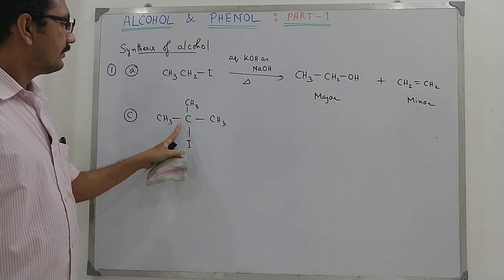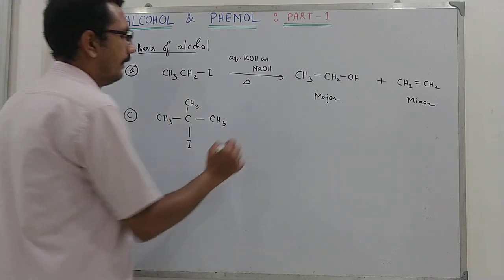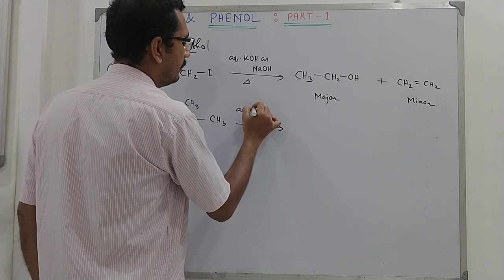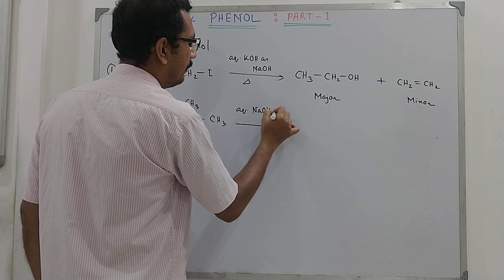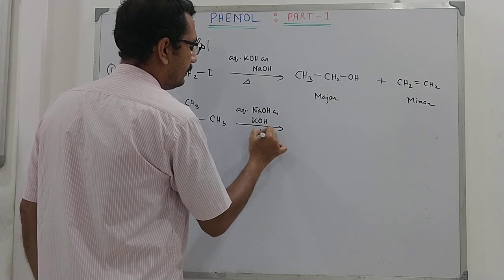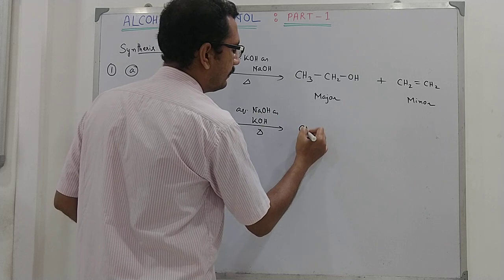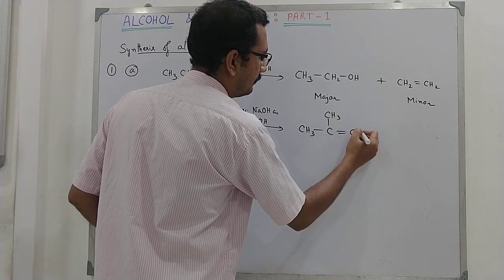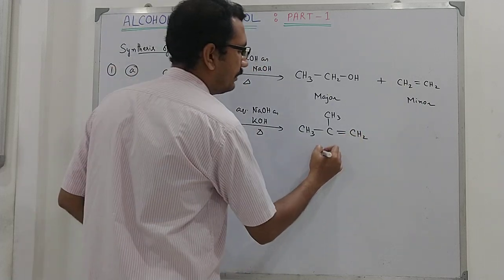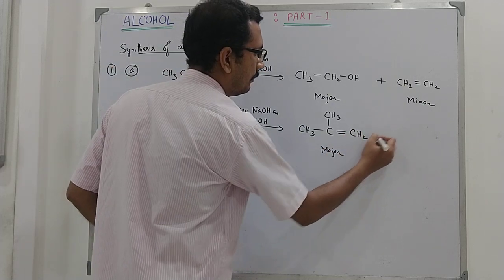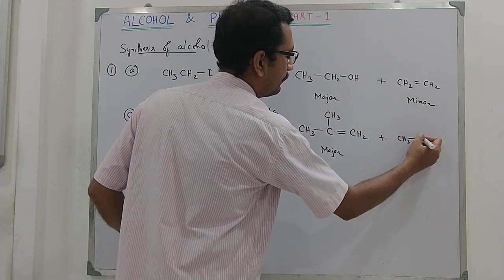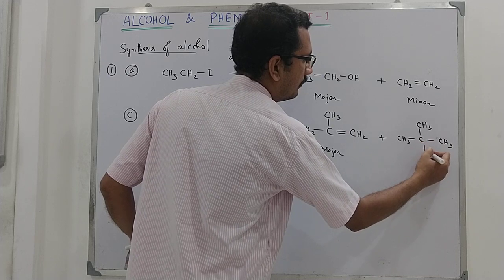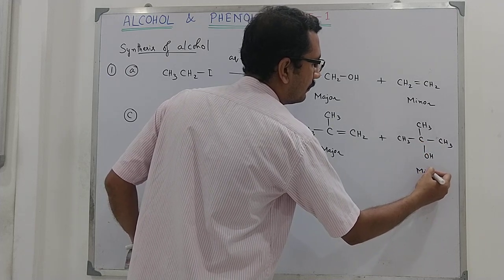Now if we start with 3 degree halide and we apply the same reagent, aqueous NaOH or KOH, heat, we will get this one as the major product, and we will have alcohol as the minor product.